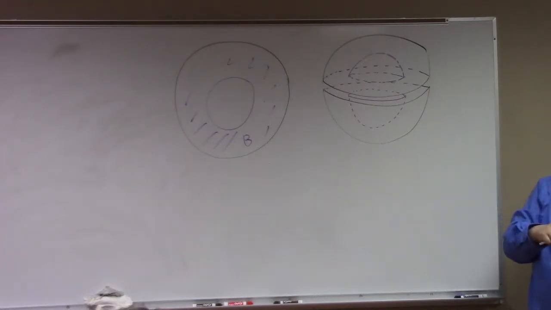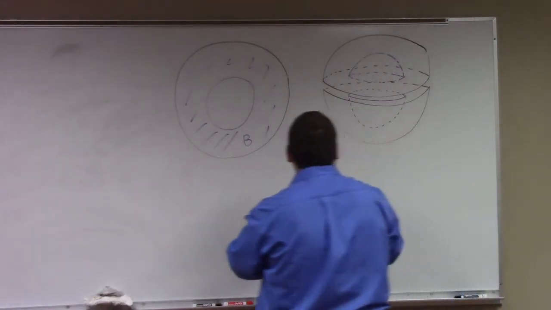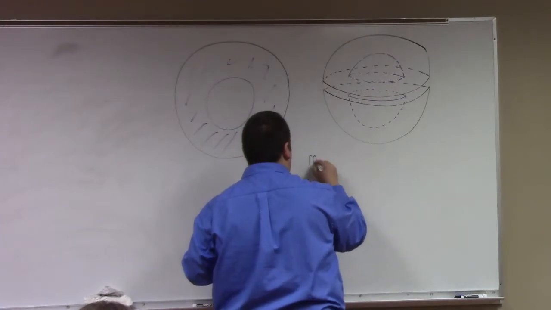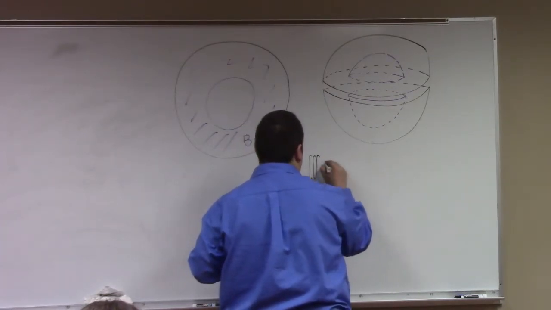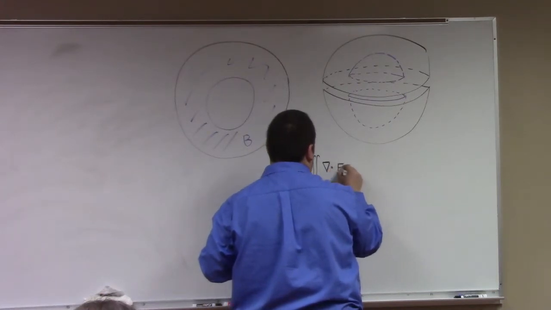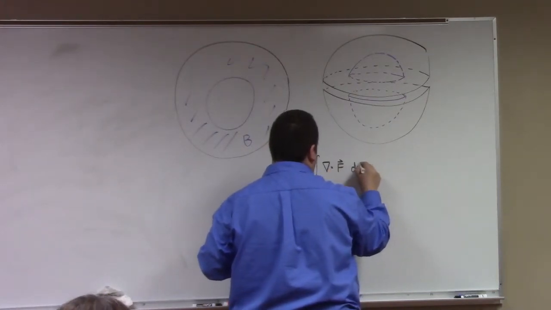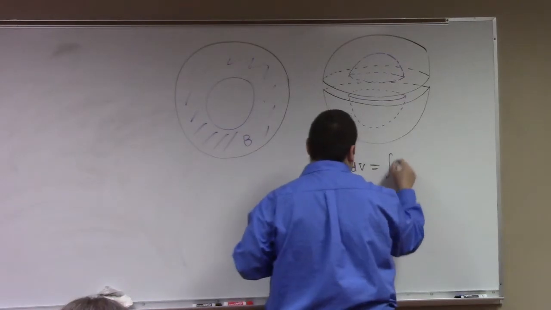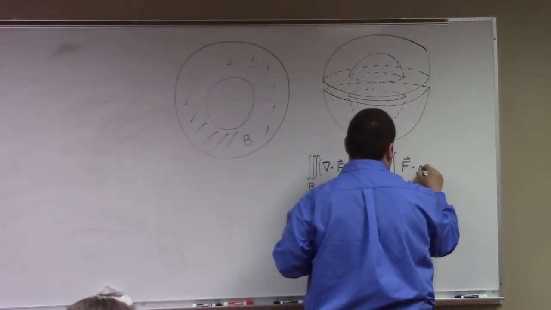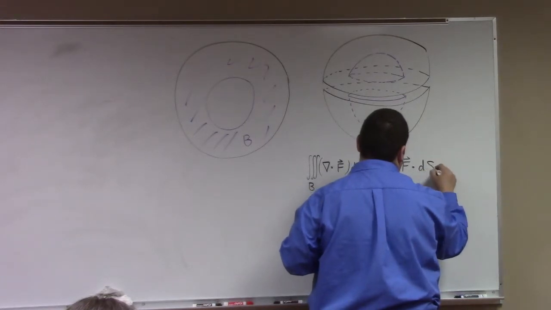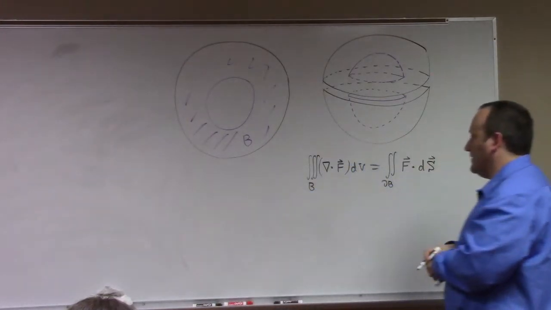There is a divergence theorem for such things. All right? And it's very simple. It's just this. The integral over the volume B of the divergence of the vector field is equal to the surface integral over the boundary of B of the vector field, the flux through the boundary.